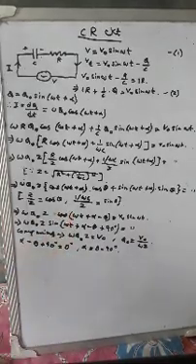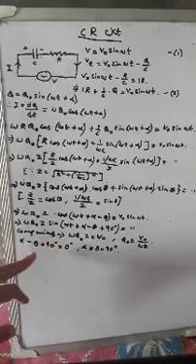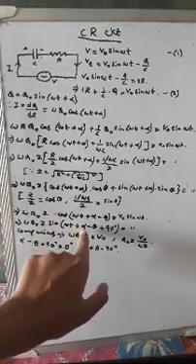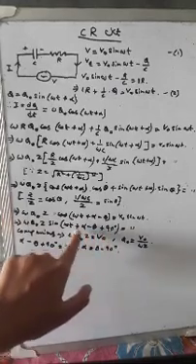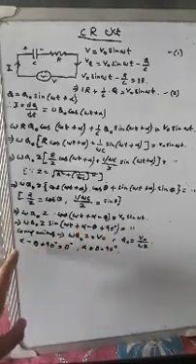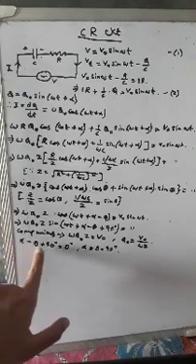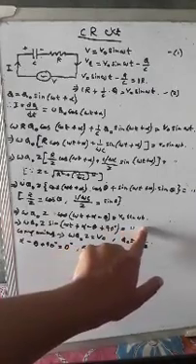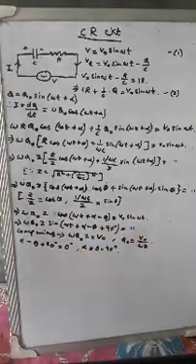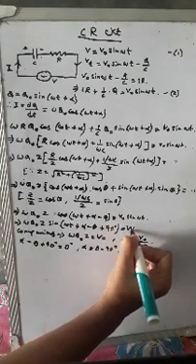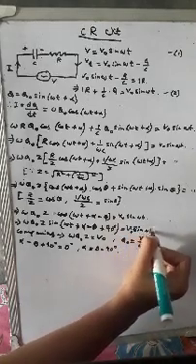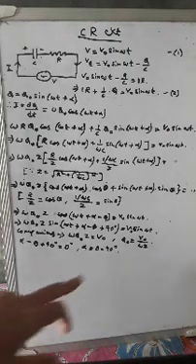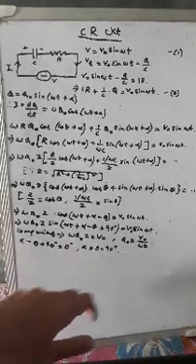So when I compare both sides, alpha minus theta plus 90 degrees equals 0, because you had nothing here in the case of V naught sin omega t. I'm writing it here, it will be easier for you. After equating this, I'm getting the value of alpha as theta minus 90 degrees.